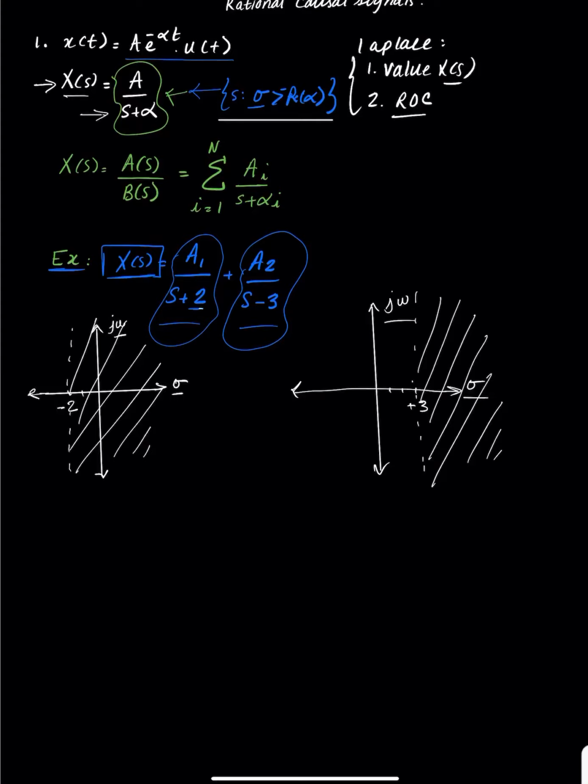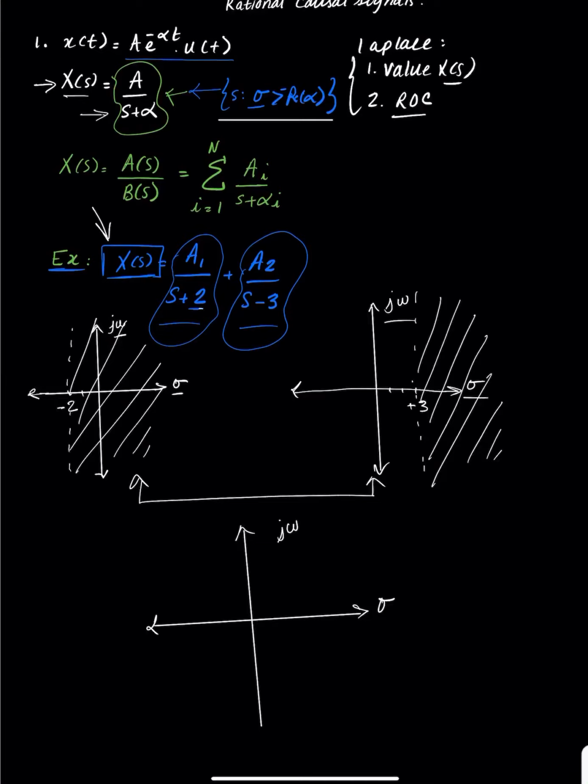Now we need to find a region in common between these two so that we can say in that region not only the first component exists, but the second component exists as well, and so our X(s) exists only in that region. Well, I'm going to go ahead and draw this now to make it easier to see. J omega axis and the real part of s.